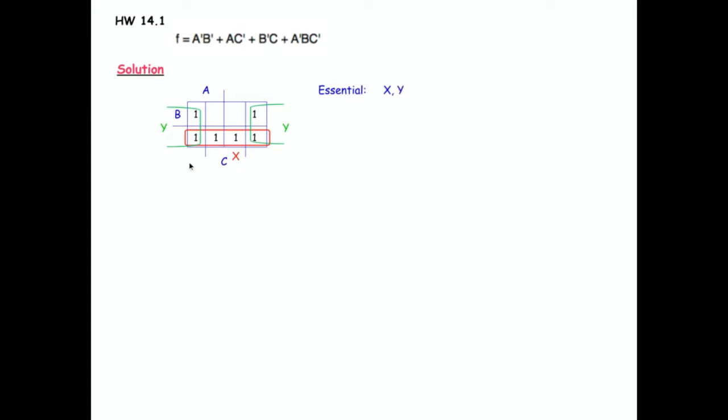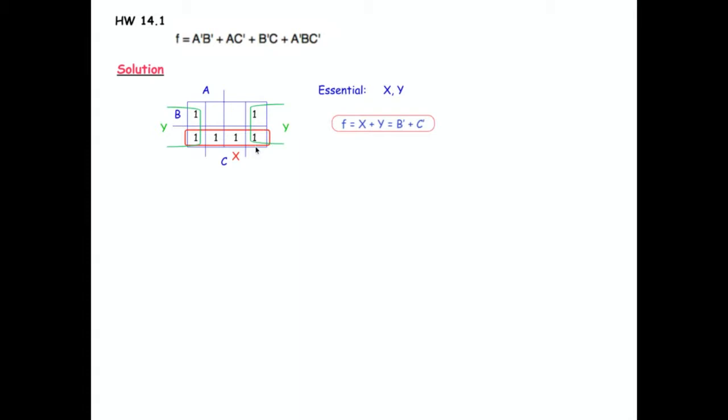All right, so we have X and Y, and both of them are essential. Why? Because X covers these two ones that the student just mentioned, and nothing else covers them. And Y covers these two ones in the top corners, and nothing else covers them. So both are essential. Now we want to translate them into actual literals of our function.